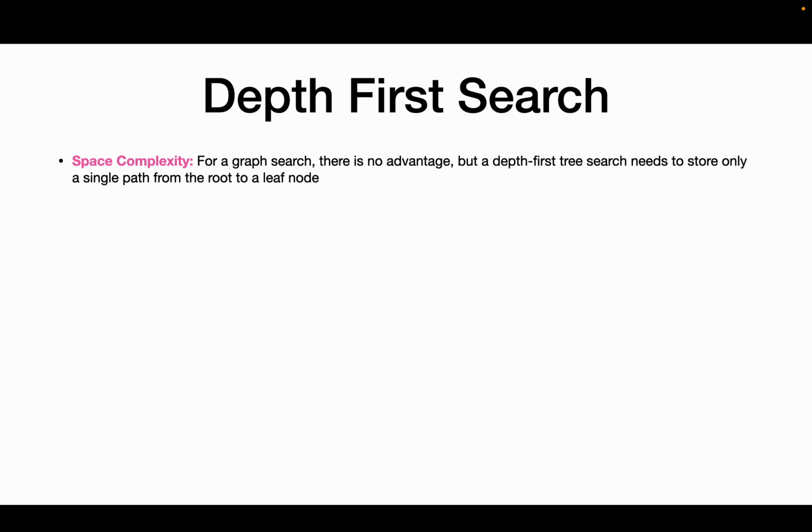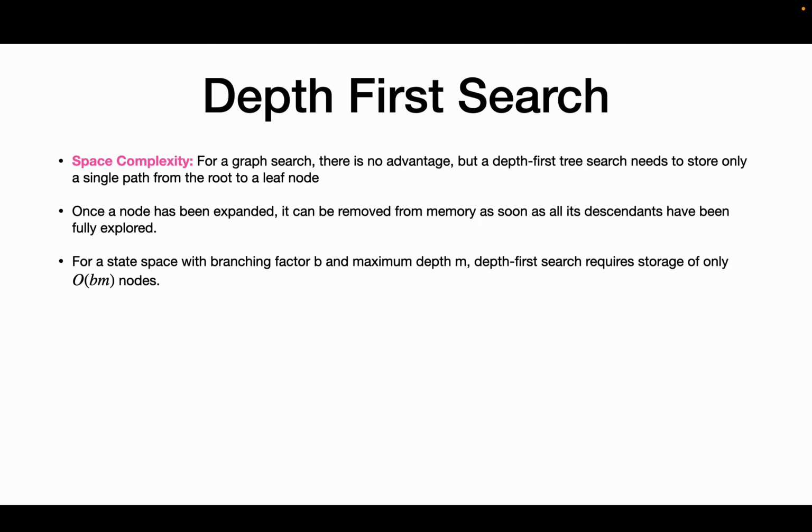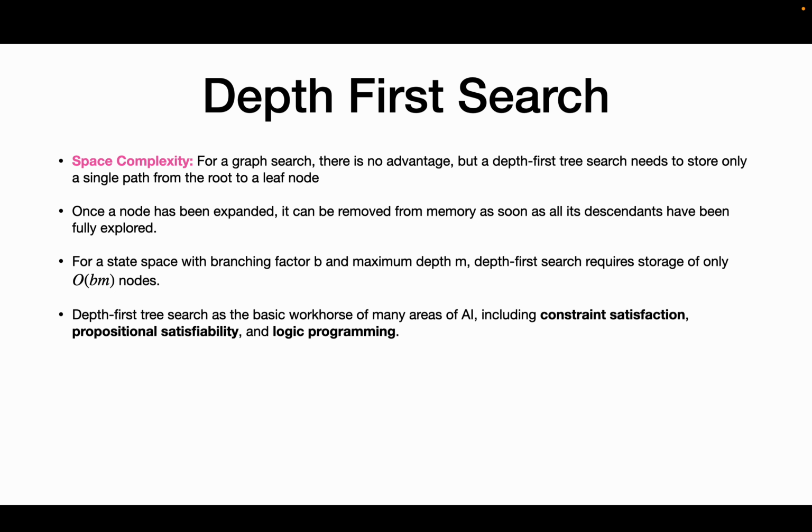If we followed a particular path, gone deeper and deeper, and came to know that there is no goal node in that path, we can ignore that path and we don't need to store it anymore in the frontier or the expanded nodes, and thereby we have a lot of reduction in the memory requirement. So the total memory required will be of order bm, big O of b into m, where b is the branching factor and m is the maximum depth.